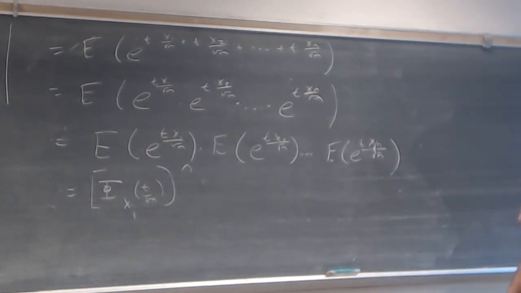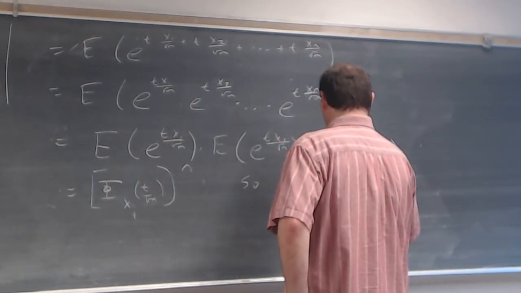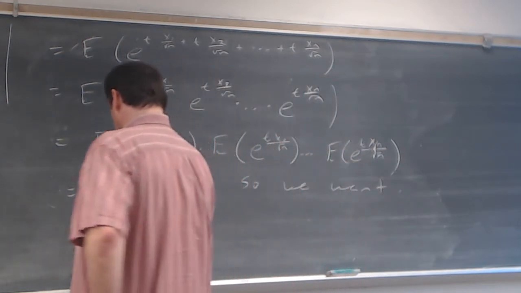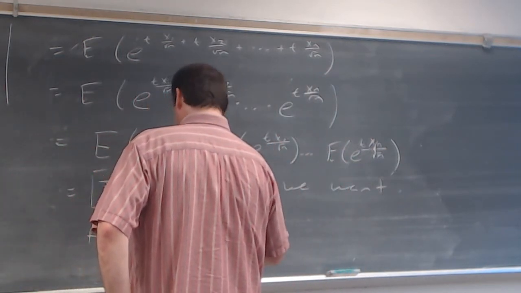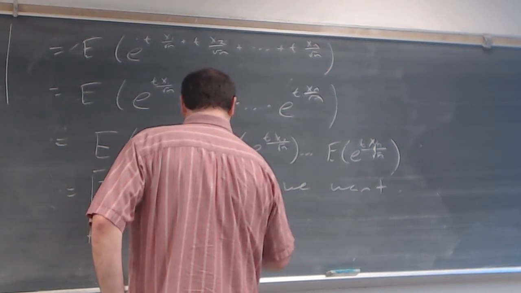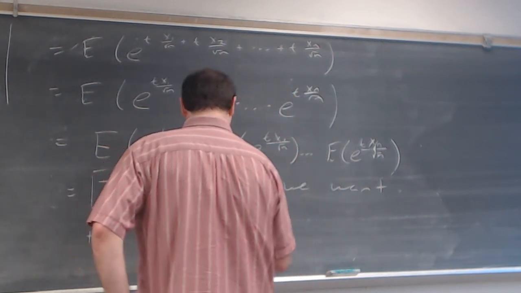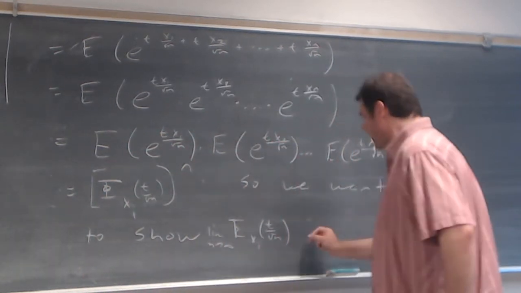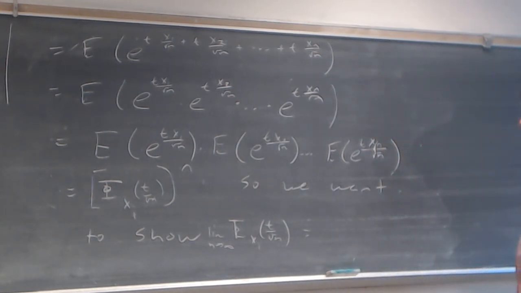Okay. So what we want to do is show that phi sub x sub 1 of t over the square root of n, really I'll write down the limit as n goes to infinity, converges to the standard normal.